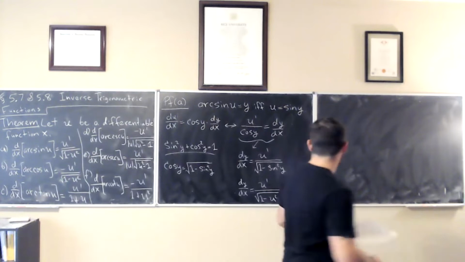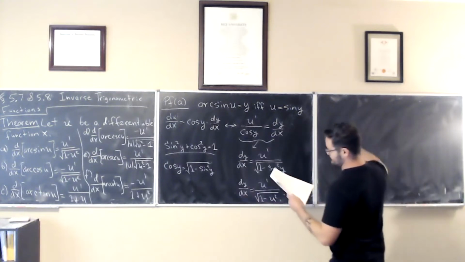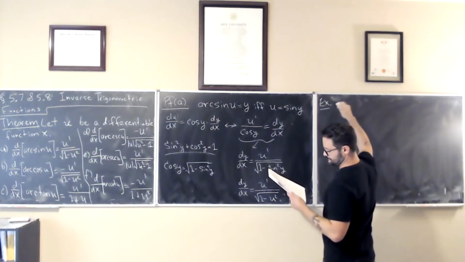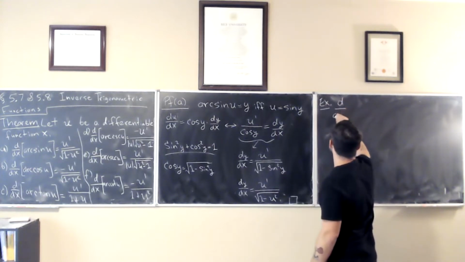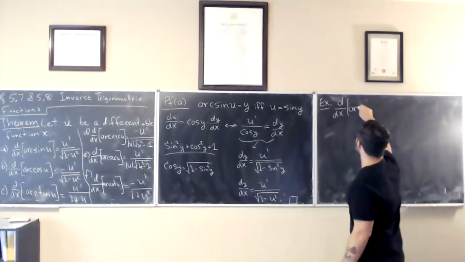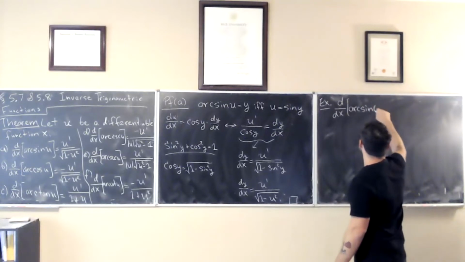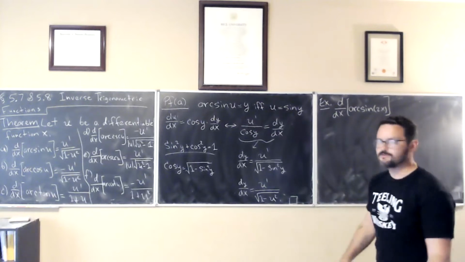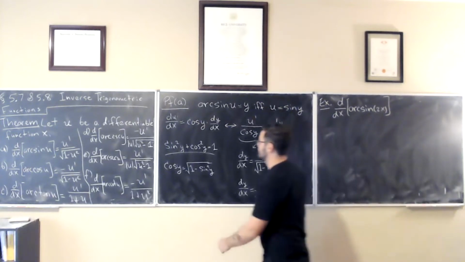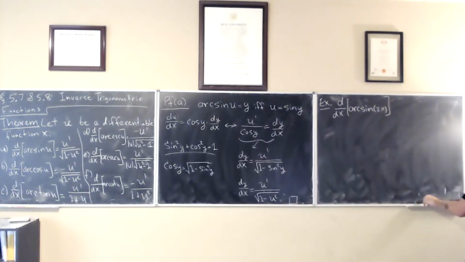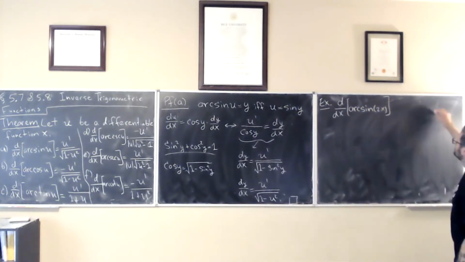And, okay, so let's just go ahead and look at some examples actually computing these things. So, I don't know, the derivative with respect to x of arc sine of 2x. Okay, so here u is going to be 2x, right? You might want to make note of that when you're doing these problems, to really write down what u is. u is 2x.